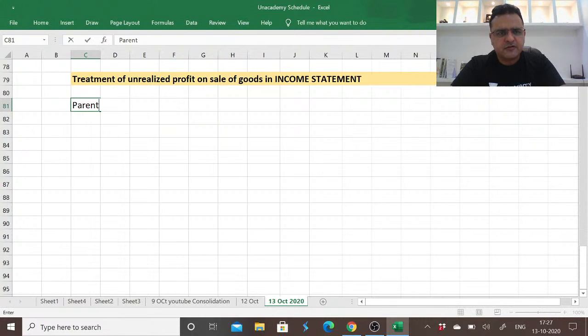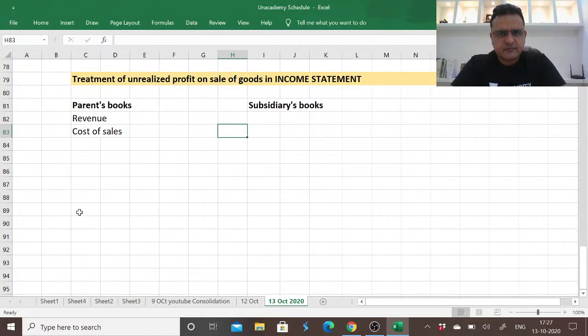Suppose this is parent's books. Subsidiary's books. Revenue, cost of sales, revenue, cost of sales.